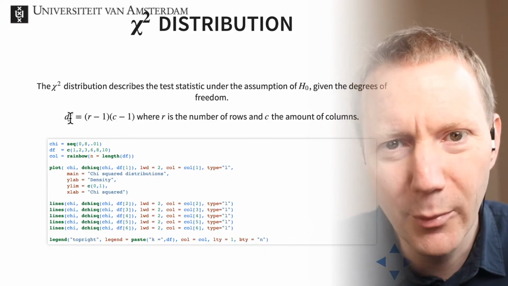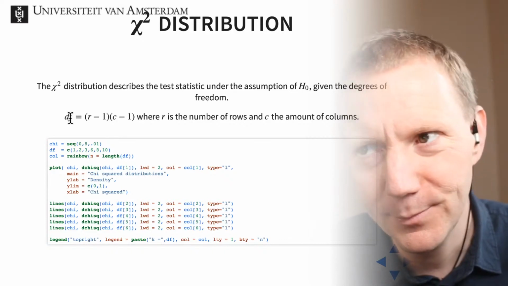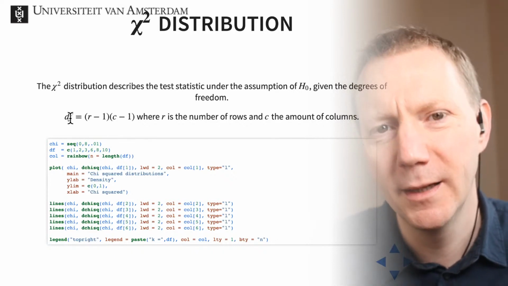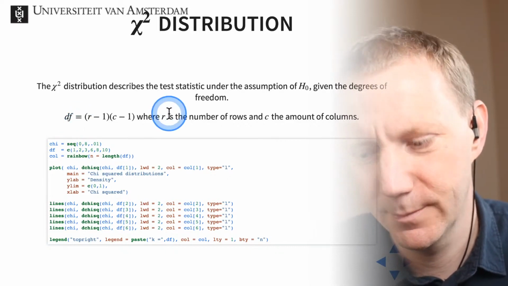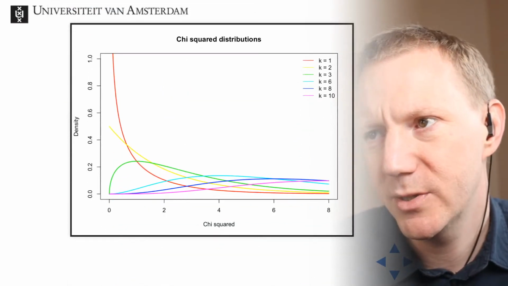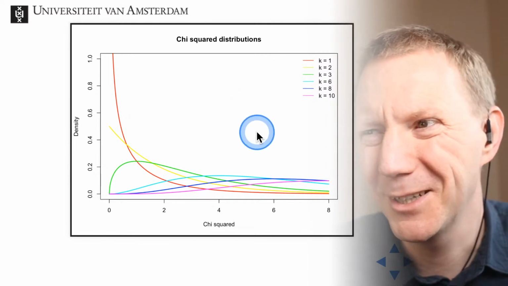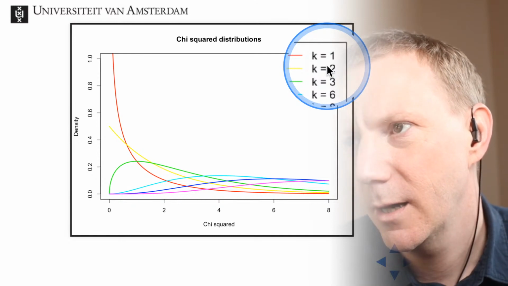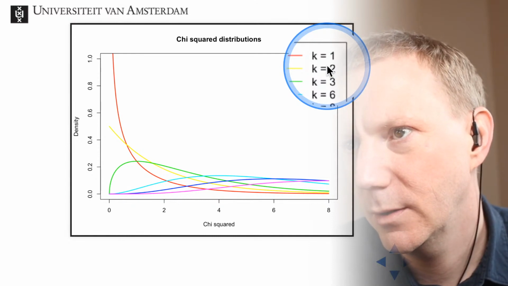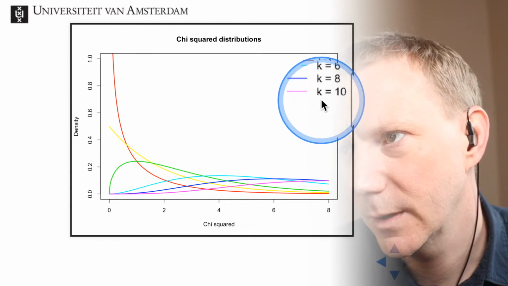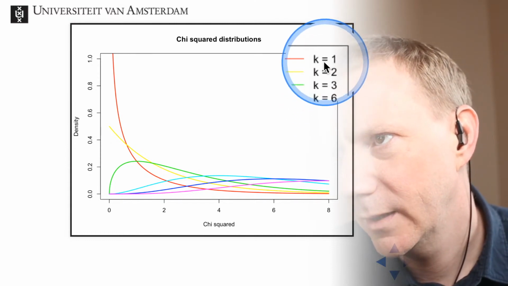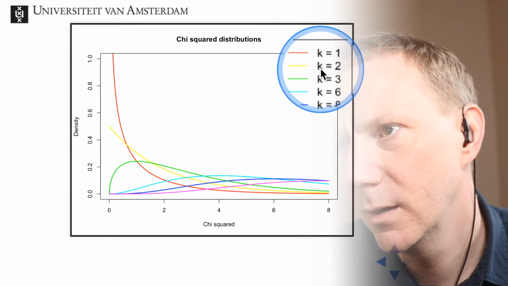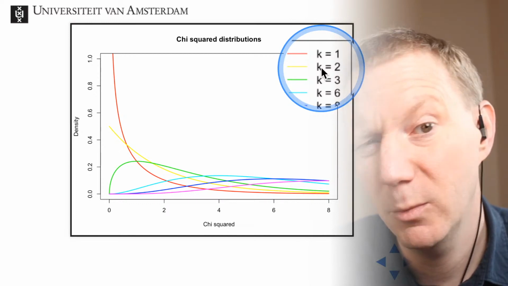Depending on the number of categories that we have in our two categorical variables that we want to compare, the shape of that distribution is different. If we look at those shapes, we see it's wildly different for the chi-square test. What I've shown here is the degrees of freedom expressed as k, where for the first one we only have 1, which is a bit weird, right?